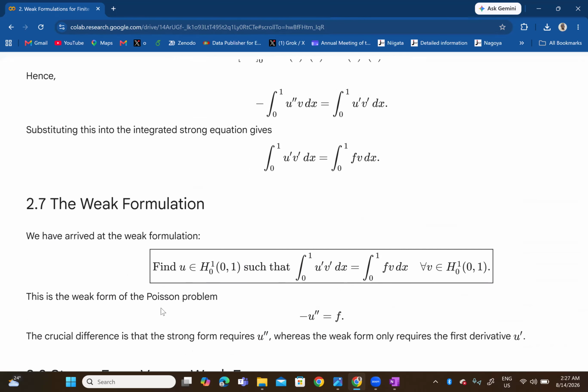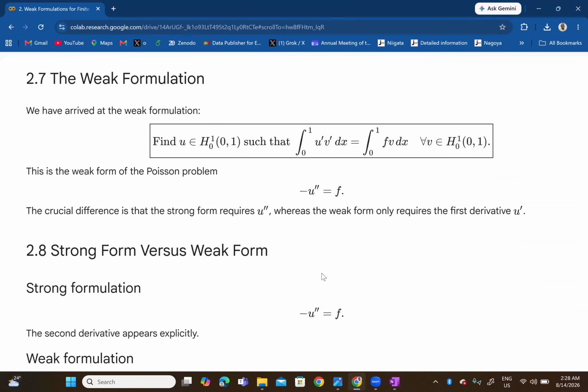This is the weak form of the Poisson problem with minus u prime prime equals f. The strong form requires some strong differentiability, but this is the weak formulation of the same idea by introducing the test function v. The crucial difference is that the strong form requires u prime prime, whereas the weak form only requires the first derivative u prime.